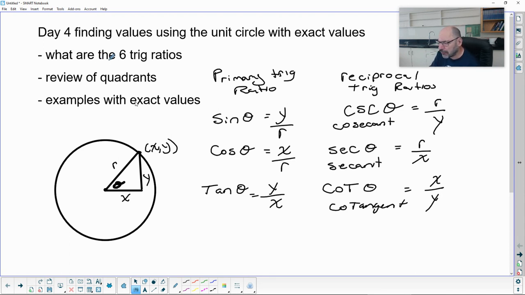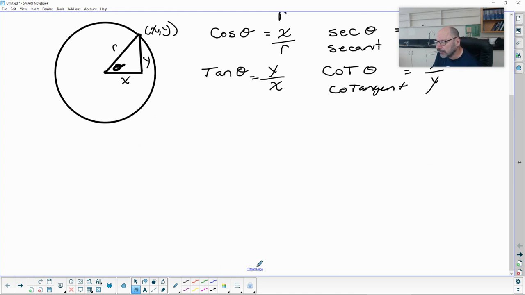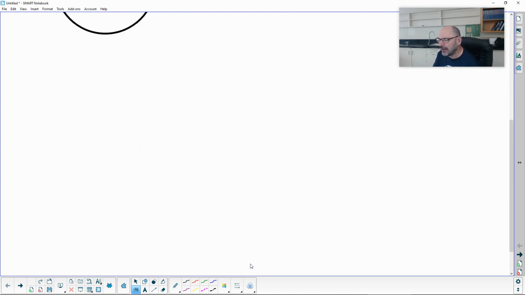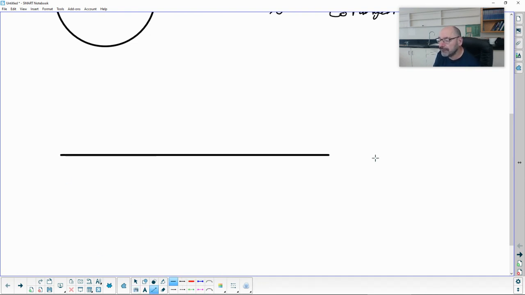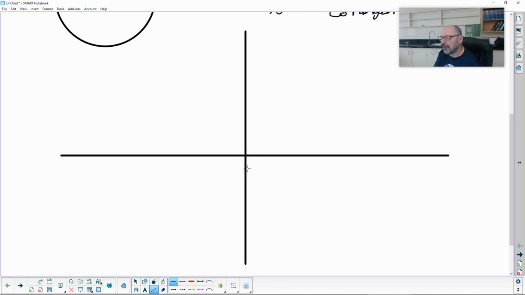If we slide down a little bit and draw a quadrant, we're not going to bother putting in the circle. We'll just have the quadrant. To remind ourselves of the math labeling, we always consider the top right to be the first quadrant, which we label with a Roman numeral traditionally.